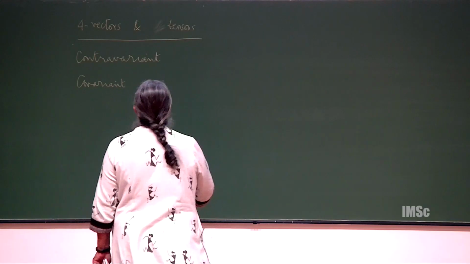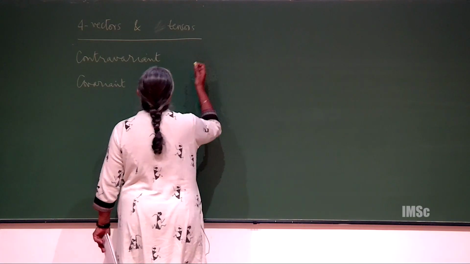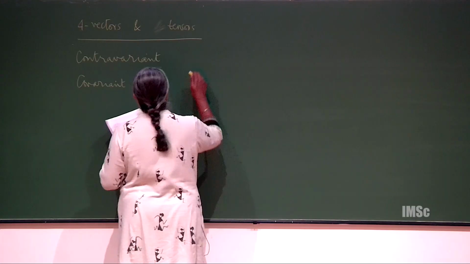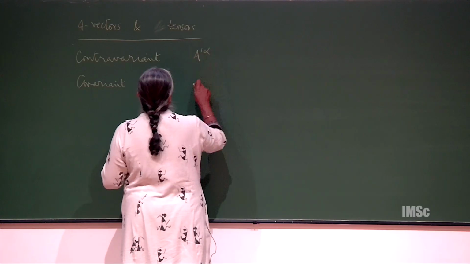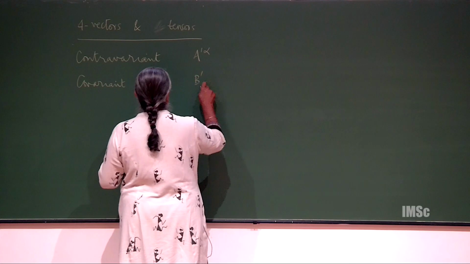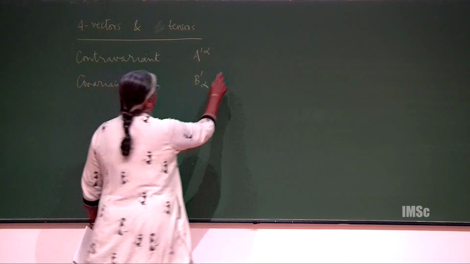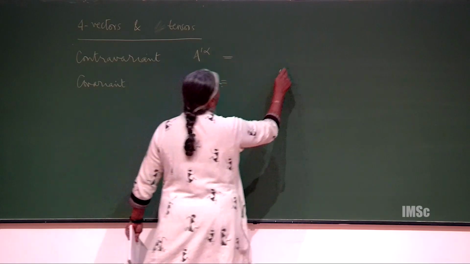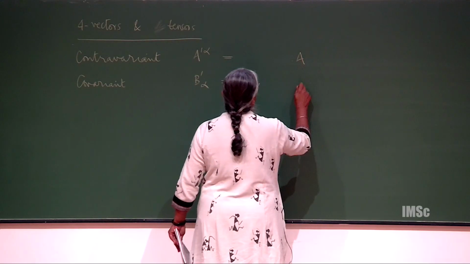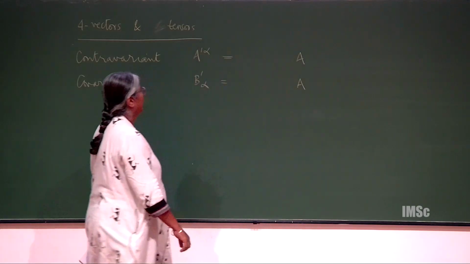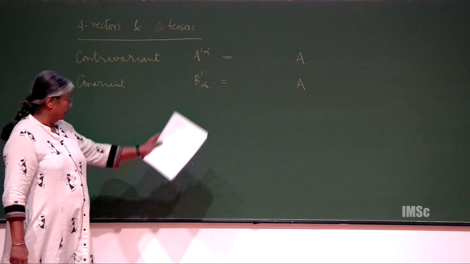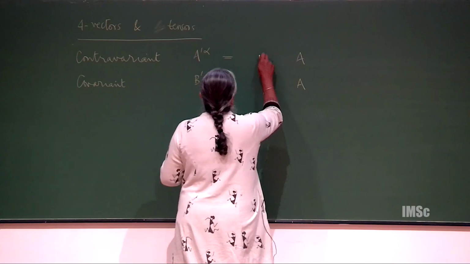So let us see who remembers. I called this A and I called that B, let me not change the notation. This is the primed variables and they will be related to the unprimed variables.